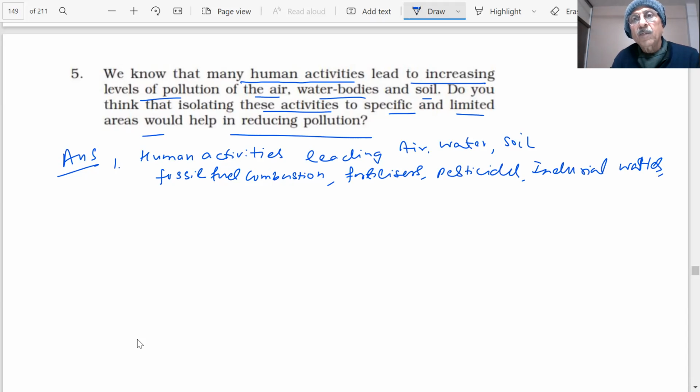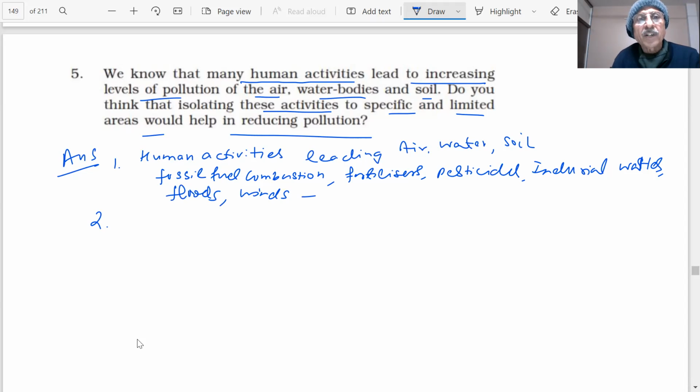What happens? The soil, which we discussed in soil erosion methods, how soil erosion took place. There are floods, winds blowing, and all that. Right? All these.